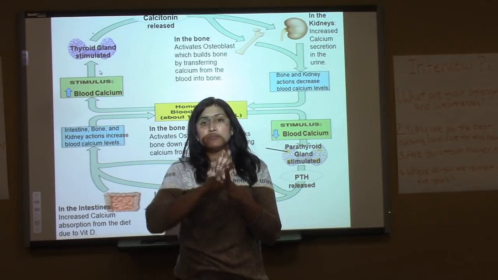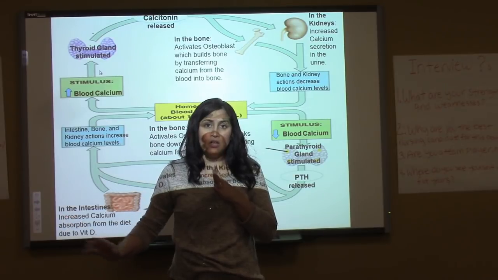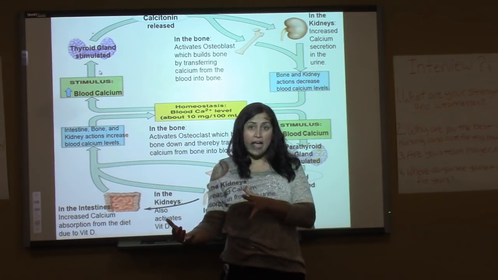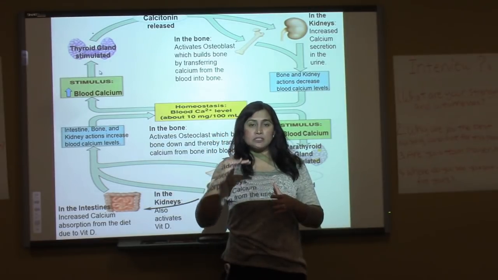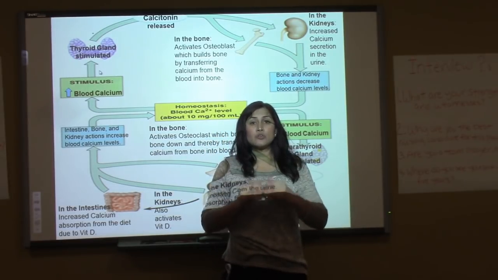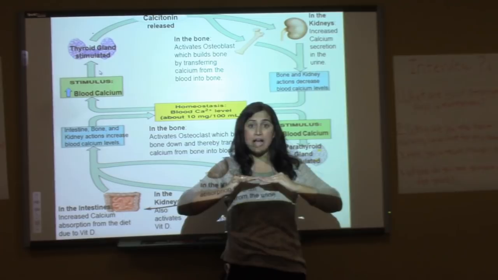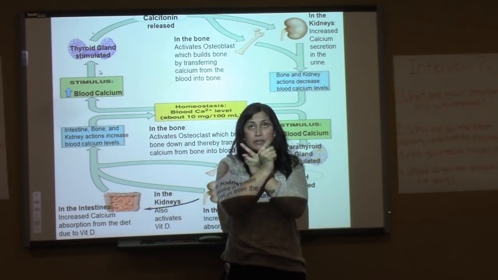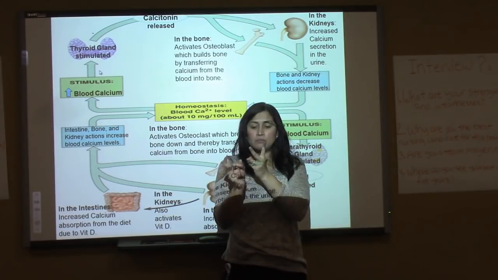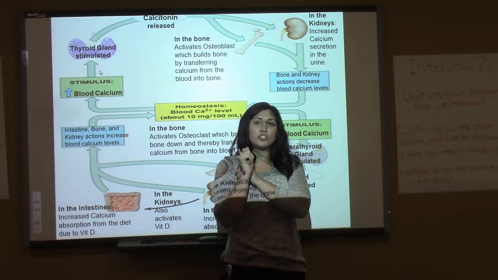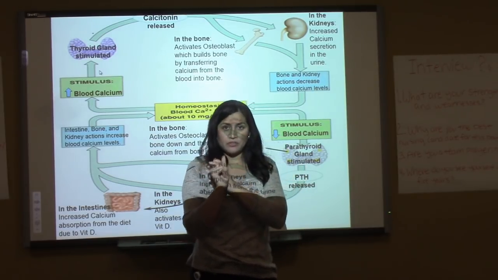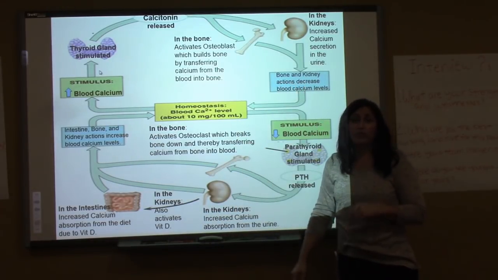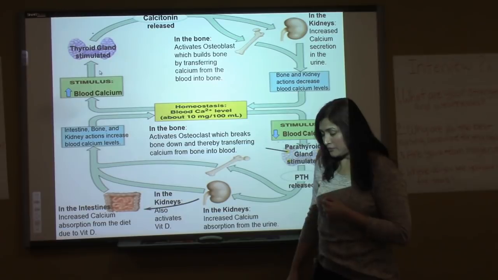By causing you to urinate calcium out, your blood calcium levels start to drop. So calcitonin brings your calcium levels back down by two things: it causes bone to be produced, and it causes you to urinate the calcium out. By those two mechanisms, your calcium levels come back down, therefore in homeostasis.